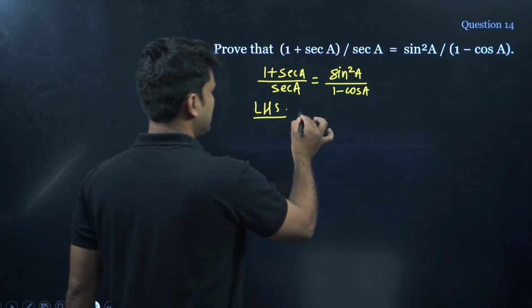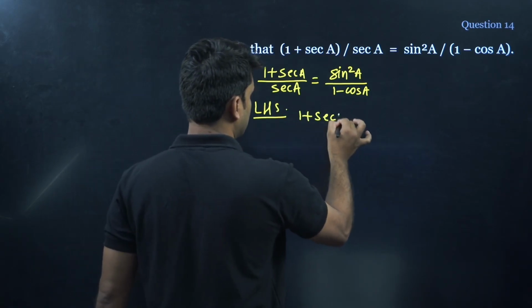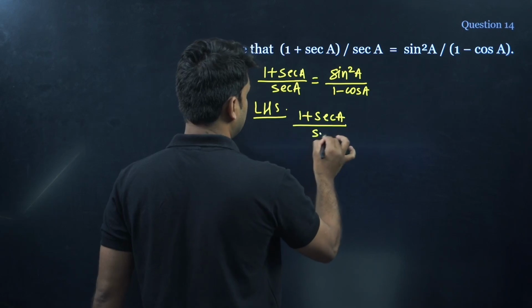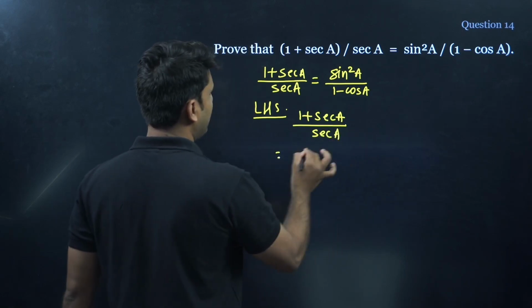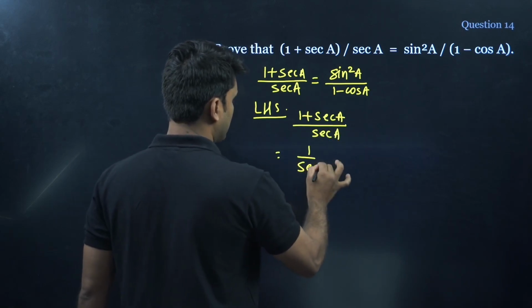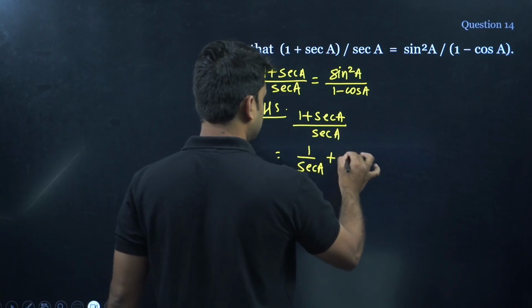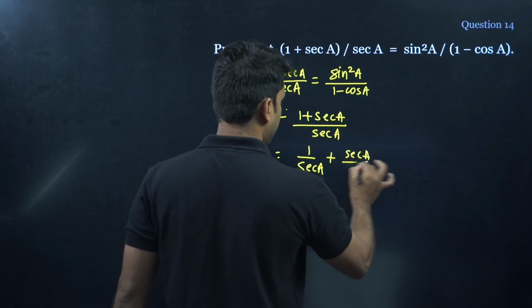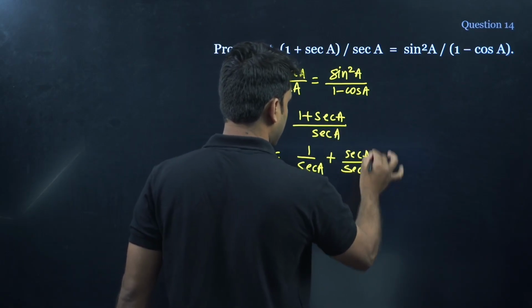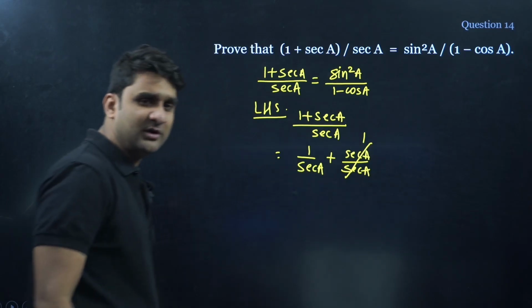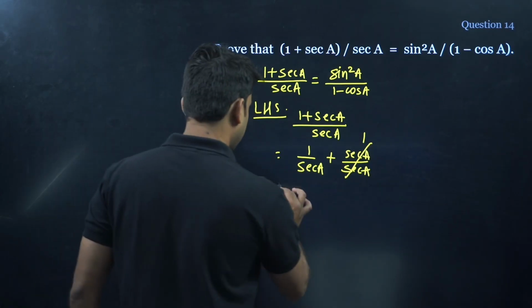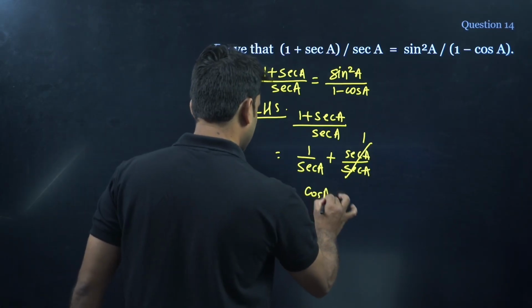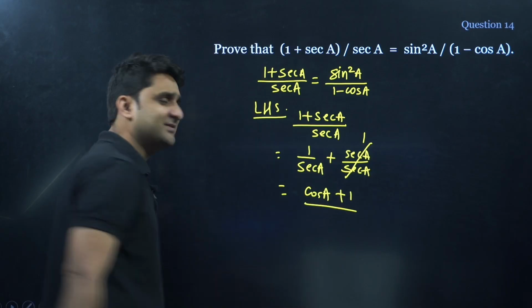So LHS is equal to 1 plus sec A divided by sec A. If we write it separately, 1 by sec A and sec by sec, it will be cancelled, so result is 1, and 1 by sec is equal to cos. So here we have, this is the answer.